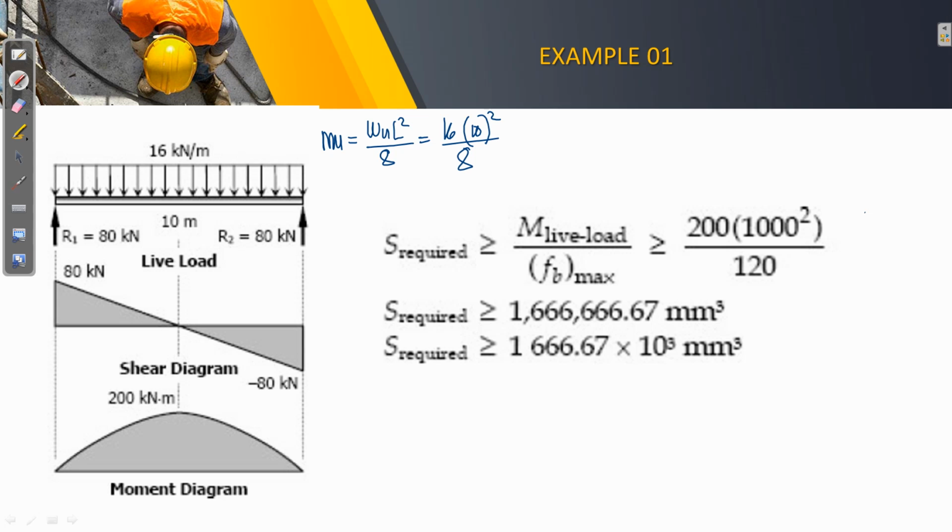From that, we can get here the value of 200. Okay, 200 kilonewton meter.